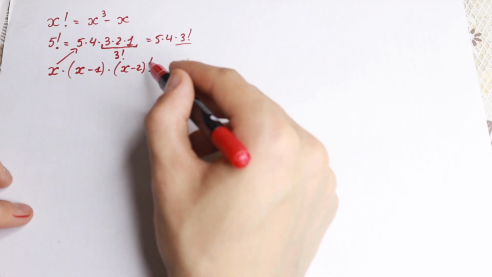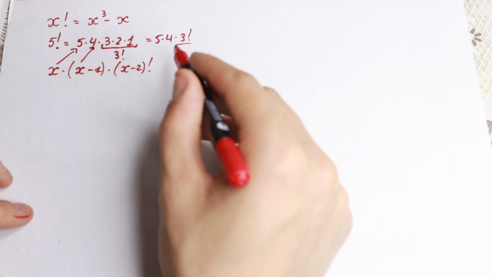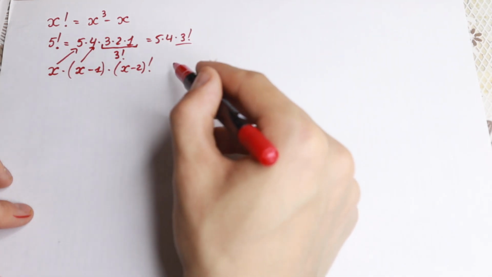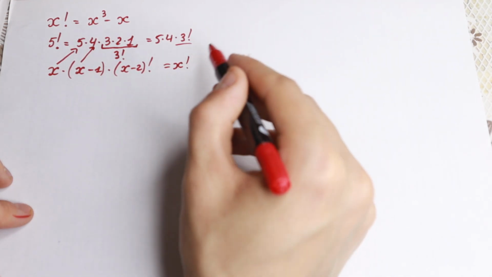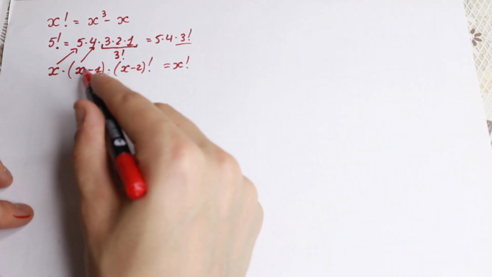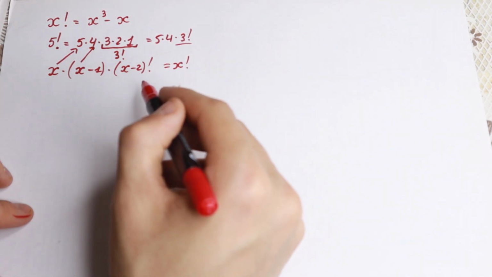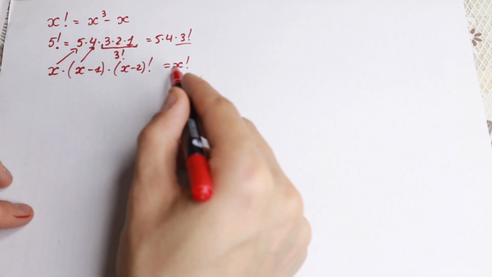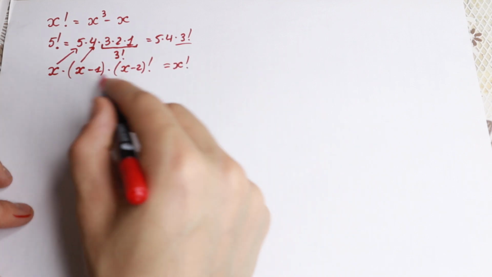I want to leave it in this way. This is the example with 5, but this case works for every x, so this is our x factorial, as you can see. And this is maybe the explanation of the first step. So in the first step we change this x factorial by this expression.